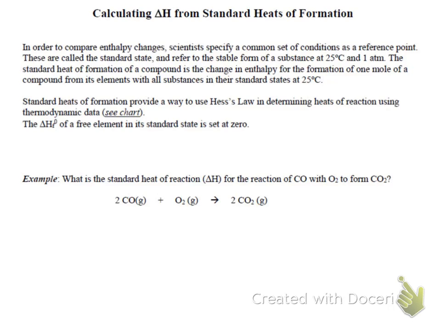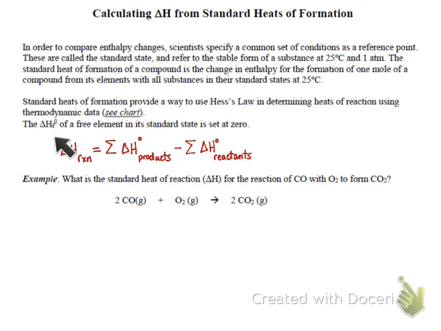The other way that we can use Hess's law is to calculate the standard heats of formation using tables. So in the back of your packet, you are given 4 or 5 pages of thermodynamic data tables, and we are going to use those tables to do problems using Hess's law for what we call the delta H of the reaction.